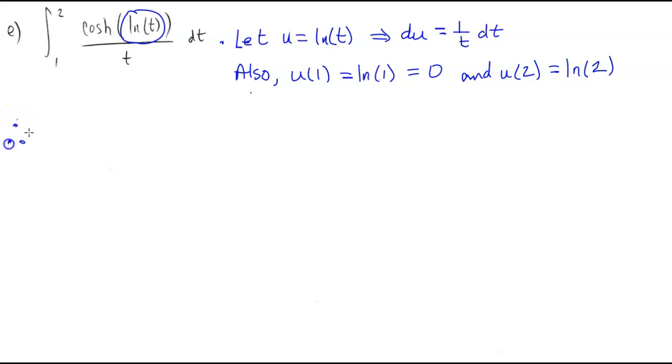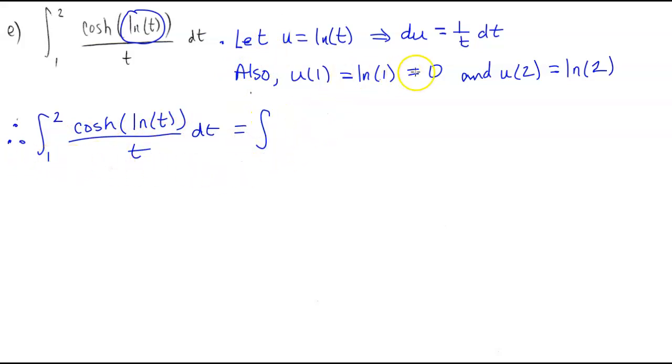So therefore, this integral that starts out looking like this will now end up looking like this. Well, the integral, instead of 1 and 2, now we have 0 and natural log of 2.